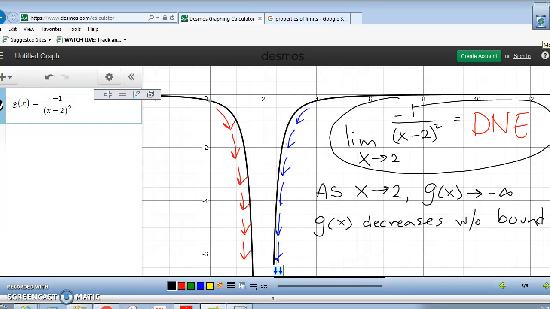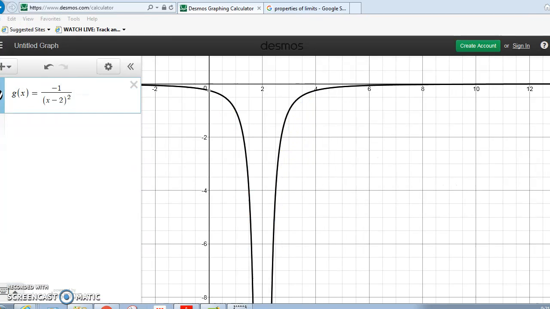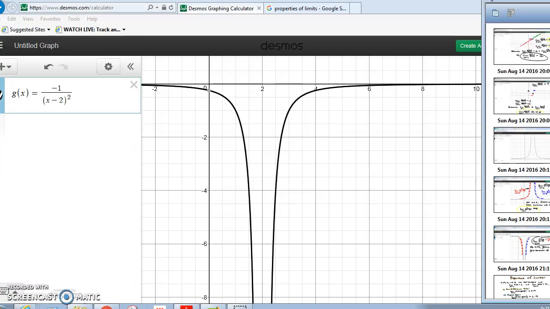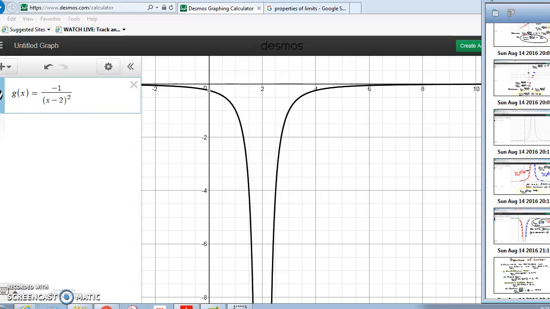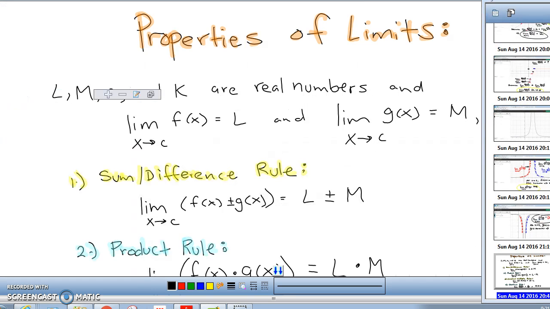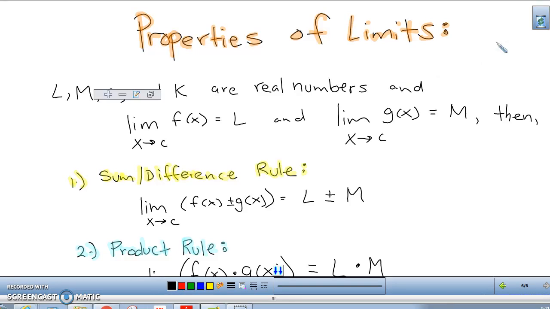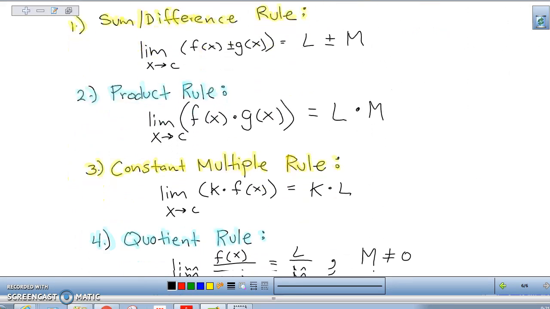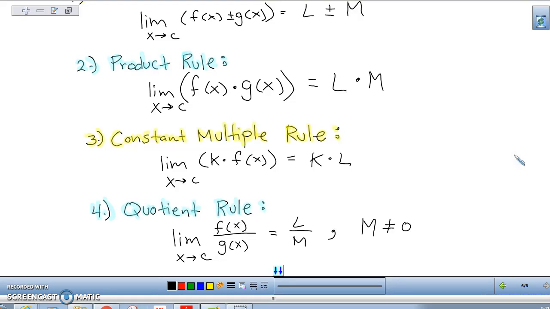So now what I want you guys to do is add some properties to your notes. I already have them copied here. So copy these down. Remember, you can pause this, copy this, then keep on playing. We go all the way to 4 properties.